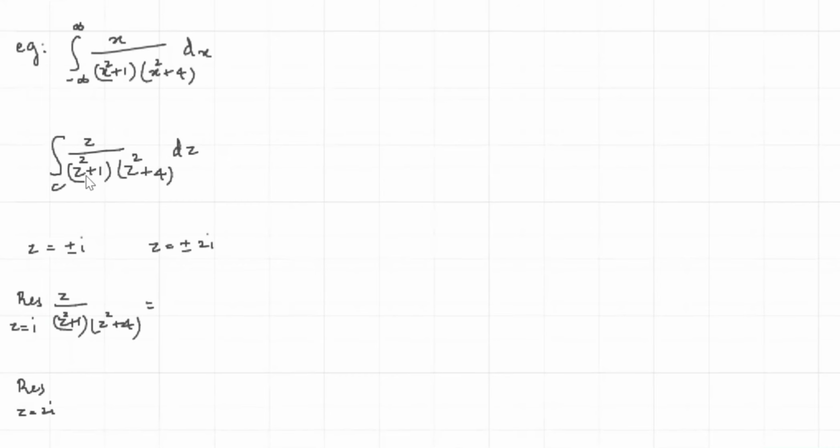And we can see that z equal to i and z equal to 2i are simple poles. Hence, the residue is given by the limit as z tends to i of (z minus i) times the function z by (z square plus 1) into (z square plus 4).